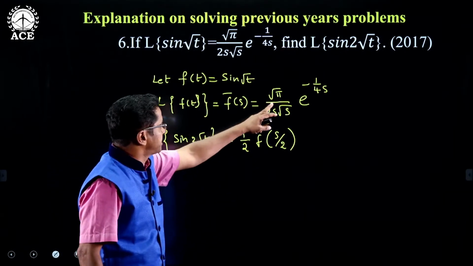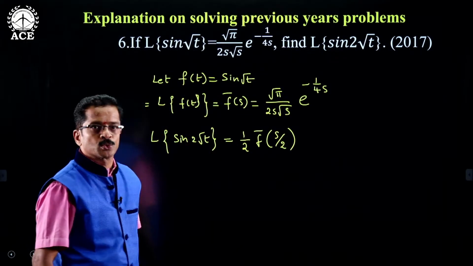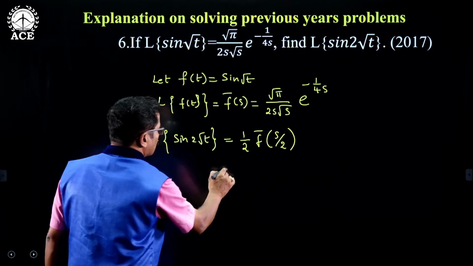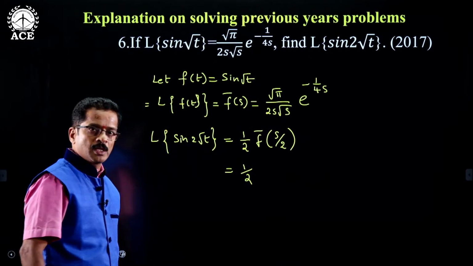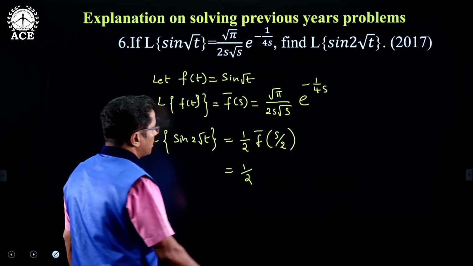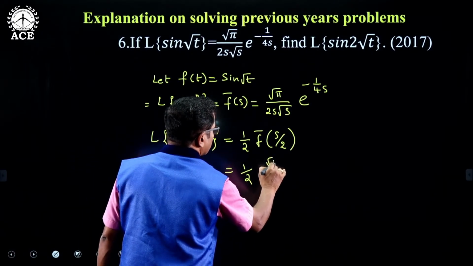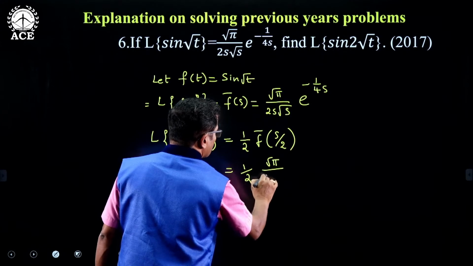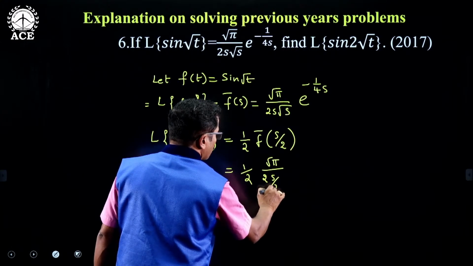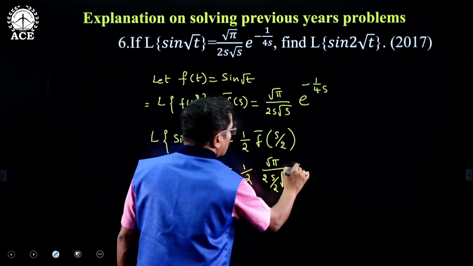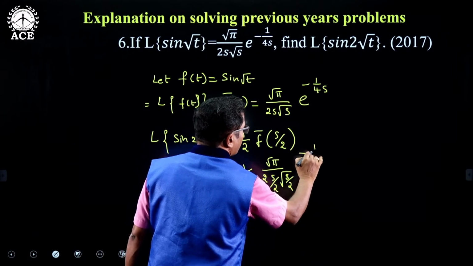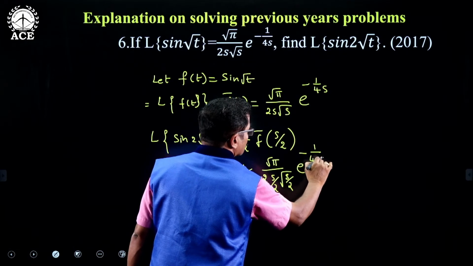So in this a bar of s, keep s by 2. Which equals 1 by 2 into root pi by 2 into s by 2 into root of s by 2 into e power minus 1 by 4 into s by 2.